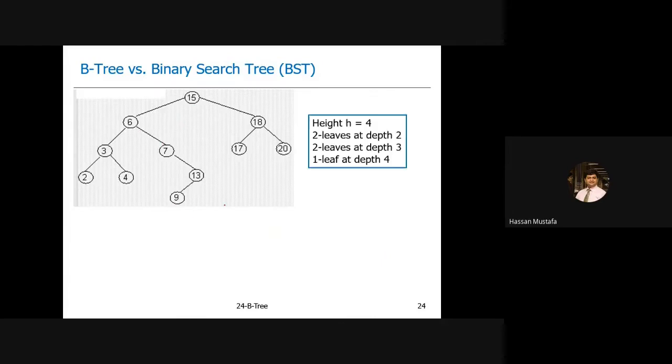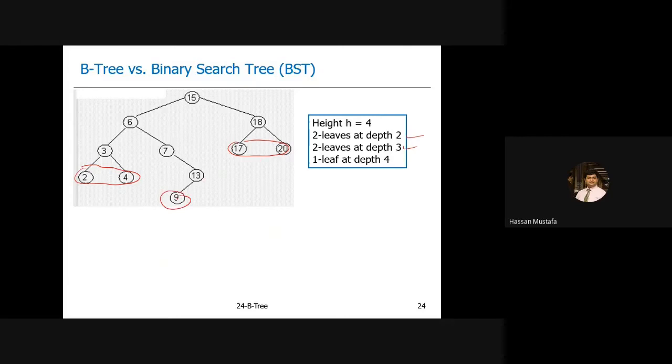We have 4 levels, and there are 2 leaves at depth 2. Then at depth 3, we still have 2. Then we have 2 leaf nodes at depth 3, and then 1 leaf node at depth 4.